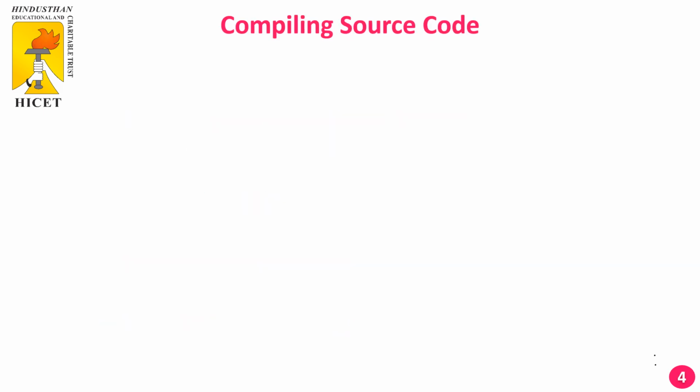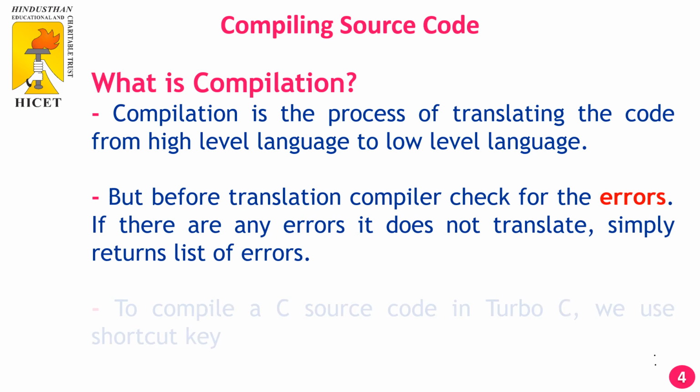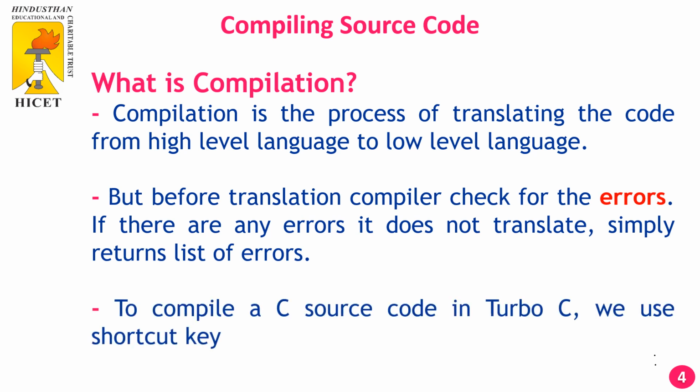The next step in our execution process is compiling the source code. What is compilation? Compilation is nothing but translating the code from high level language to low level language. High level language is user understandable language, and low level language is machine understandable language. Before translating, the compiler will check for errors in the code. If there exist any errors, it will not translate the code.